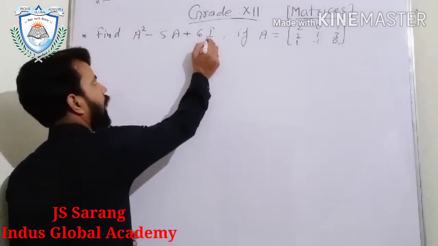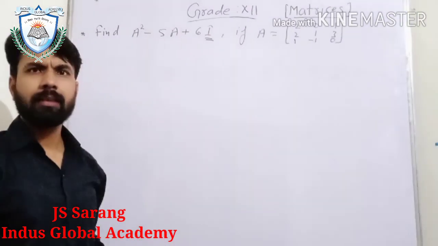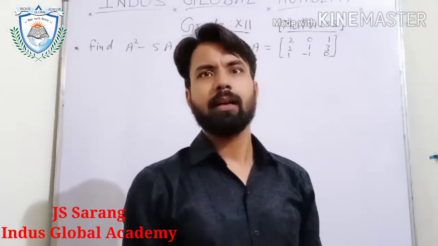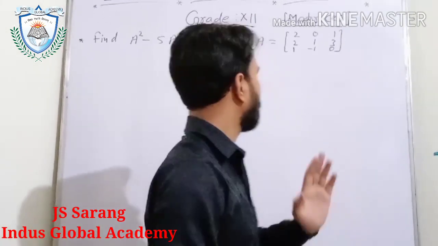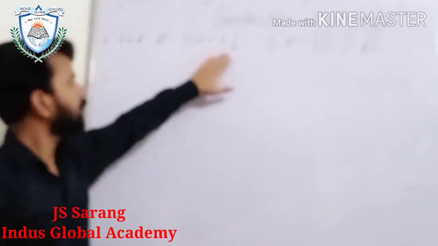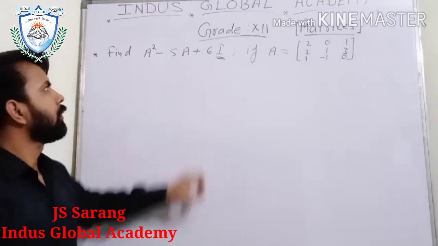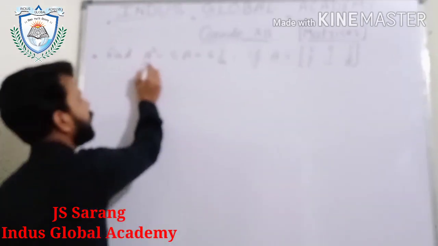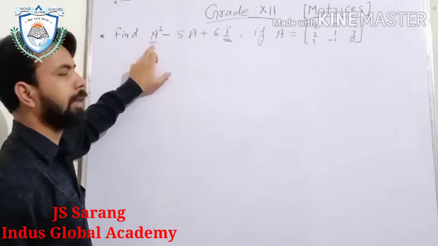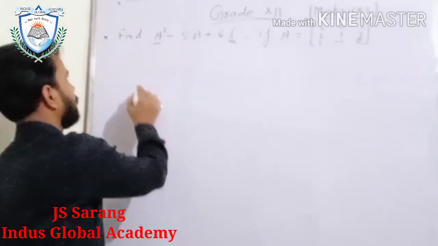Now what is I? This is the identity matrix. I told you about the identity matrix. So for finding the value of this given expression, firstly we will have to find A square. Clear? So first we have to find the value of A square.